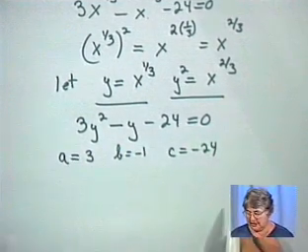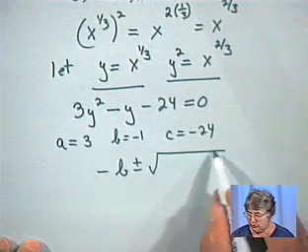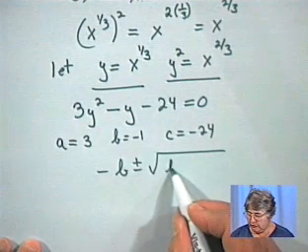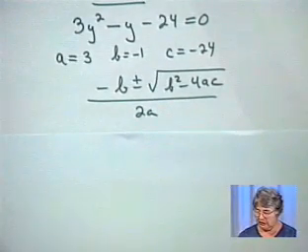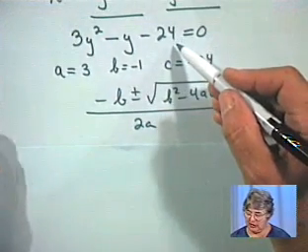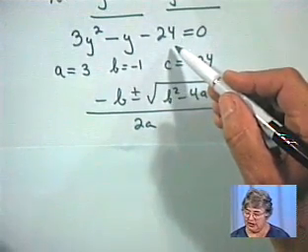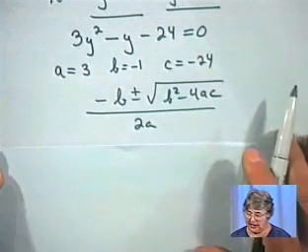By substituting this into the quadratic formula, remember, minus B plus or minus the square root of B squared minus 4AC over 2A. We're solving for y, not for x. Eventually we have to do that, but in this case, we're using the quadratic equation that we were able to transform the original equation into, and so we'll solve that equation for y.